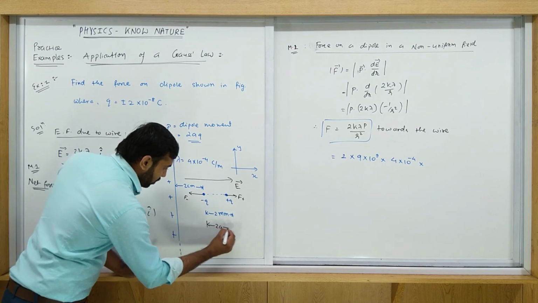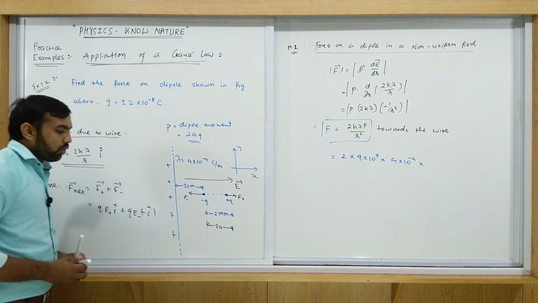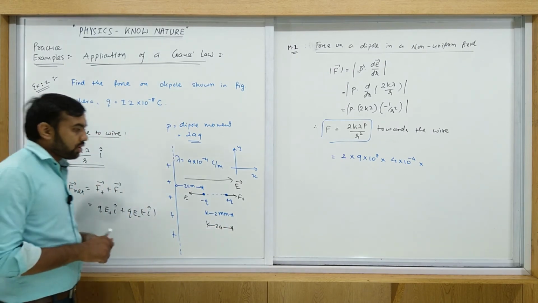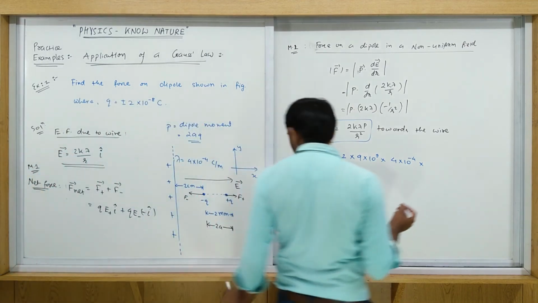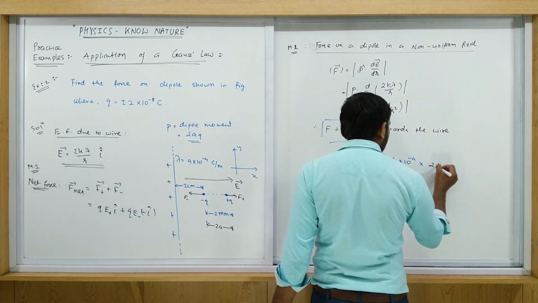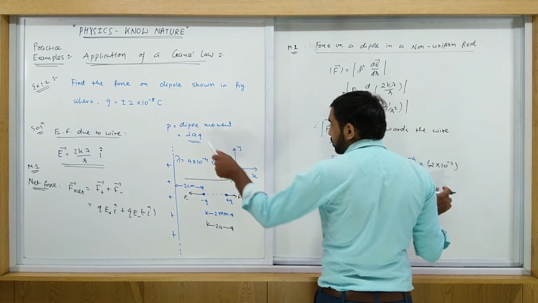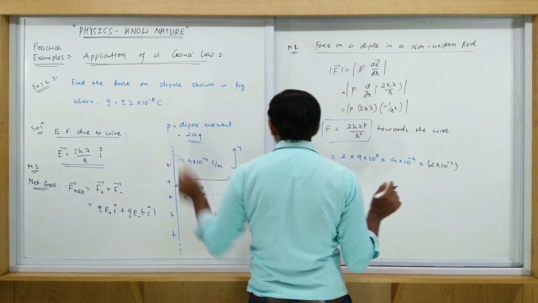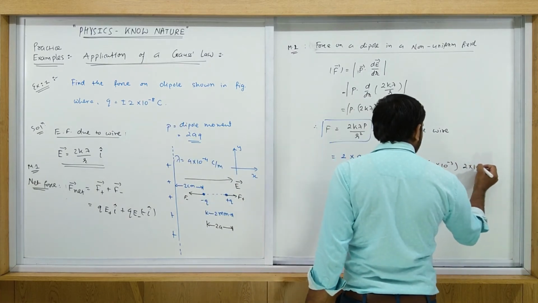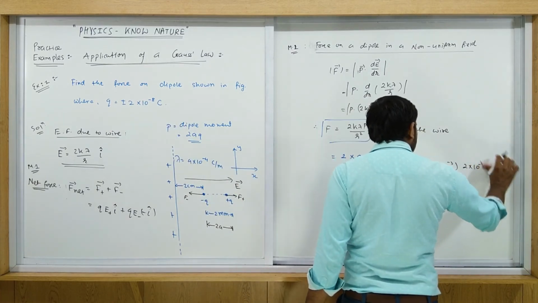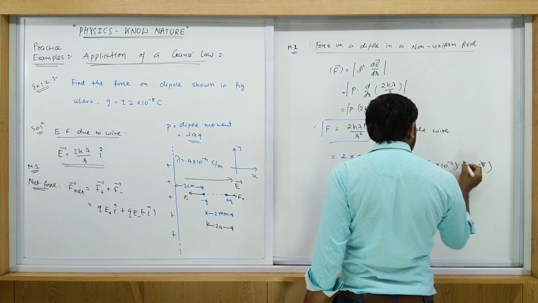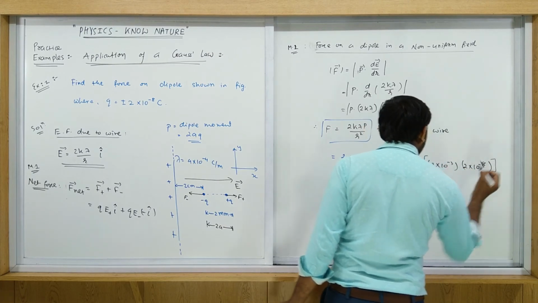You write all this data in SI units. That's 2 mm, so 2 into 10 raised to minus 3, into q, which is 2 into 10 raised to minus 8. So this is the dipole moment.